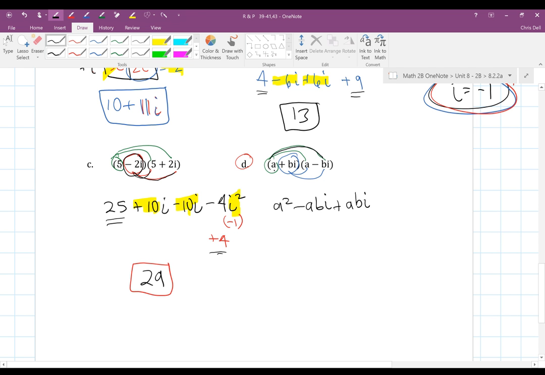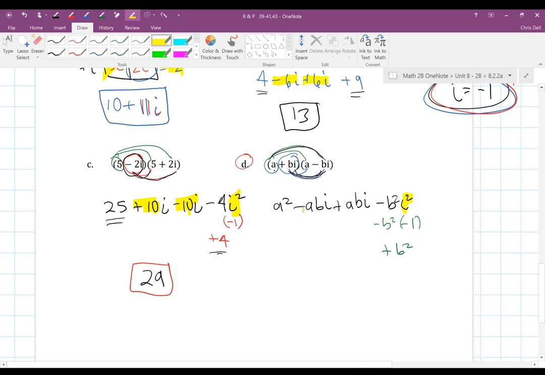And then bi times negative bi is negative b squared i squared. The b's multiply to b squared, the i's multiply to i squared. And one more time, this i squared is actually -1. So -1 times negative b squared makes it a positive b squared.